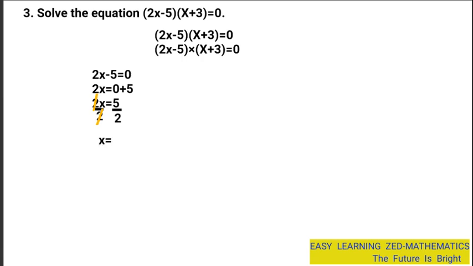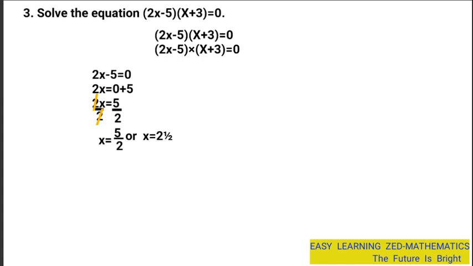Then when we divide 5 by 2, the answer is going to be a decimal number. So we are going to leave it as a fraction just like that, which is 5 over 2. Or better still, we can convert this improper fraction into a mixed fraction, which is going to be 2 1 over 2.